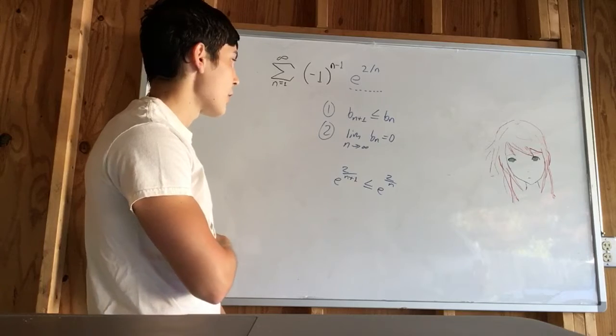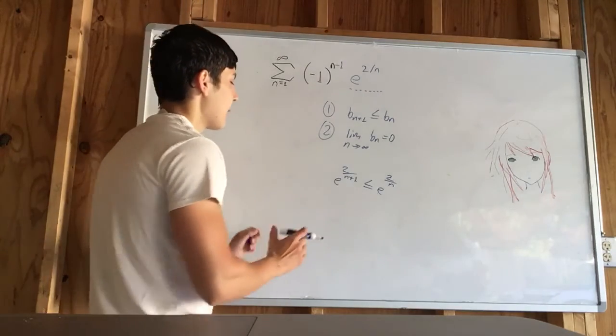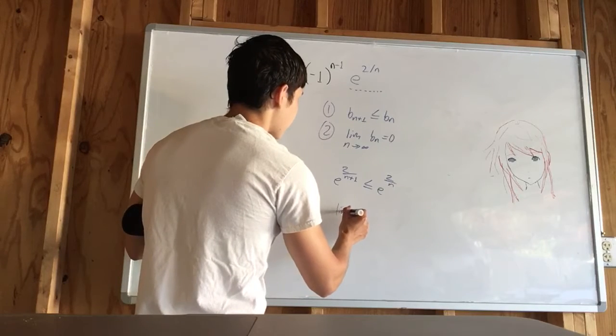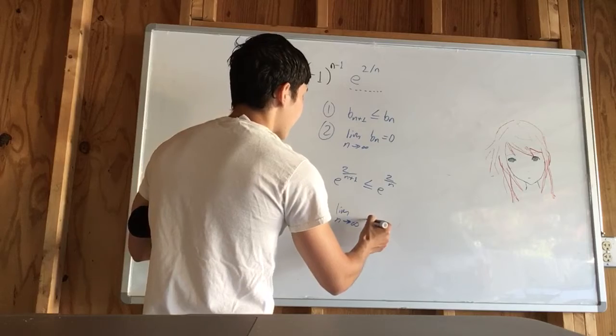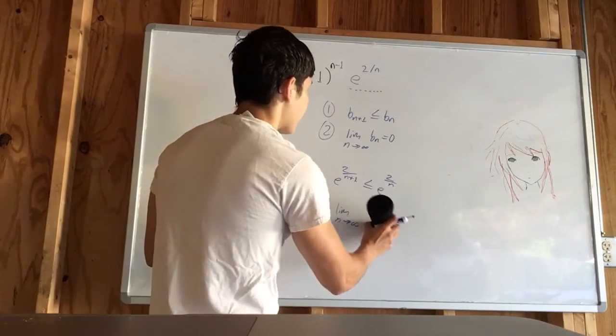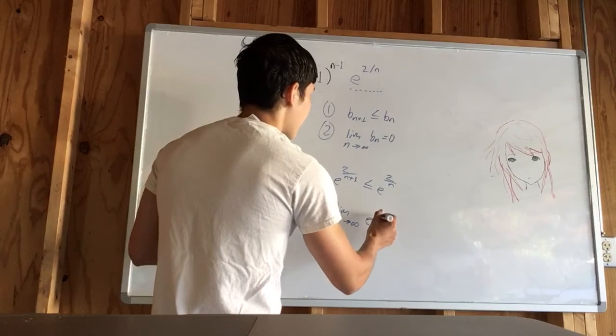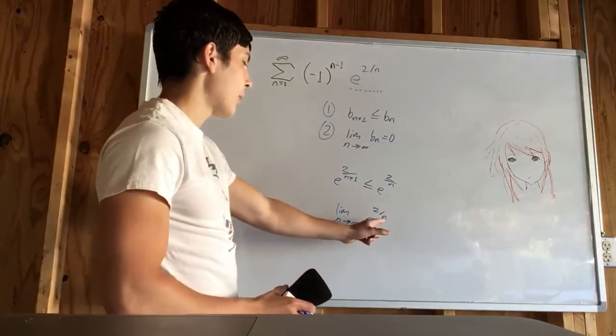So it would pass our first part of this test, but then we would have to take the limit as n approaches infinity of b sub n, which is e to the power of 2 over n. And so then we would have to plug in infinity.